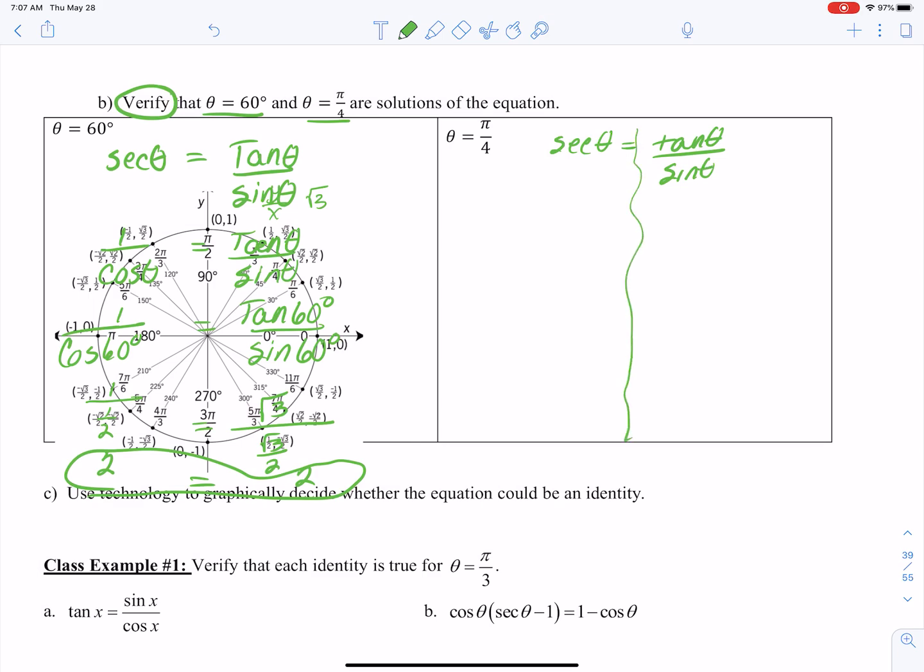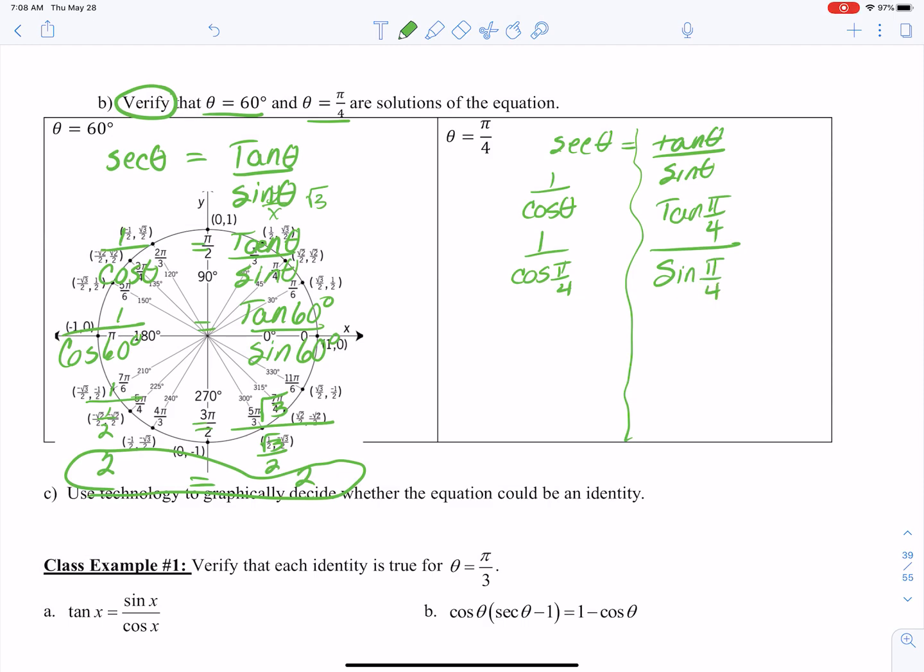I always make sure I do my calculations on the left, my calculations on the right, and make sure they're equal. So this is 1 over cos theta. So I have 1 over cos pi over 4. And here I have tan pi over 4 over sine of pi over 4.